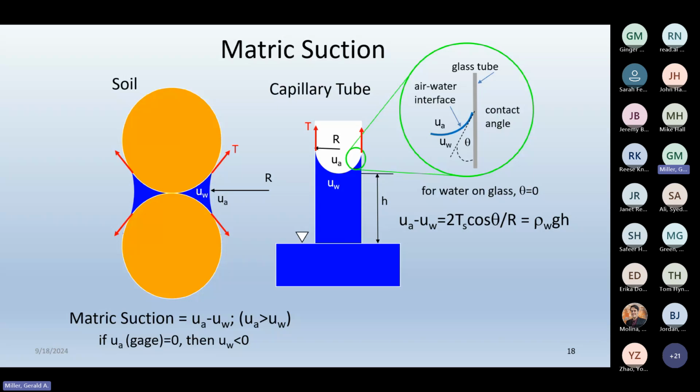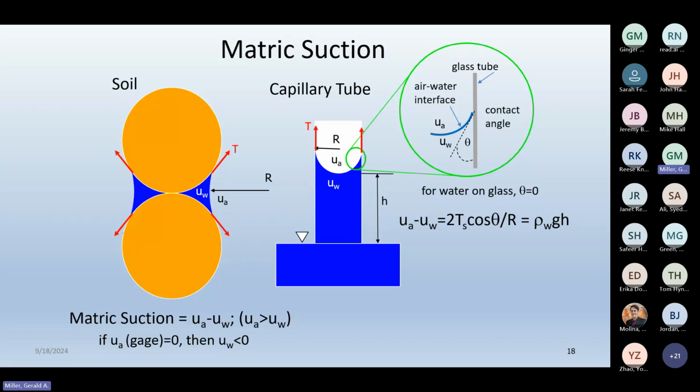On the right, you'll notice the equation for the capillary pressure. It's equal to 2 times the surface tension of the water times cosine theta, which is that contact angle between the meniscus and the glass. And that's equal to rho W g h, which is essentially your water pressure. But if you look at that equation, what's important, you'll notice that u_a minus u_w is inversely proportional to the radius of the capillary tube.